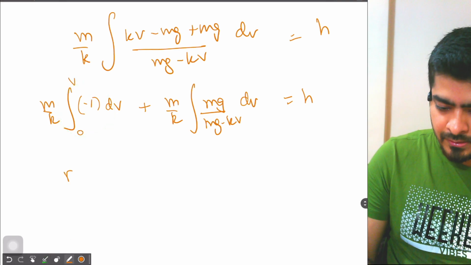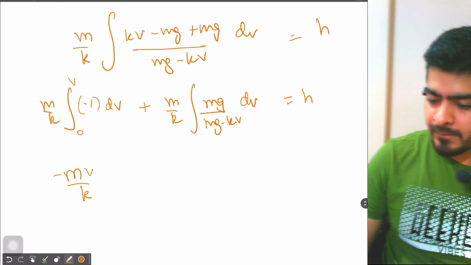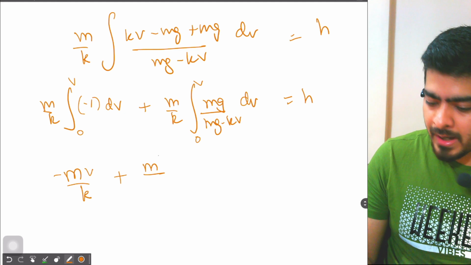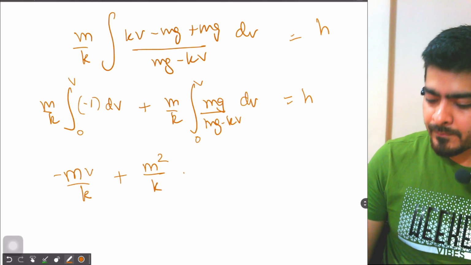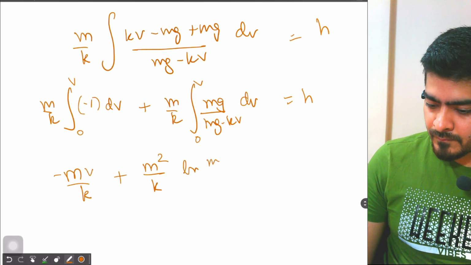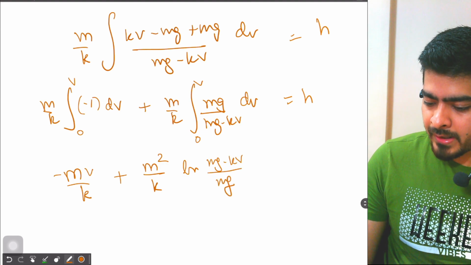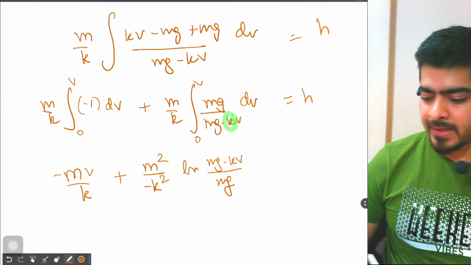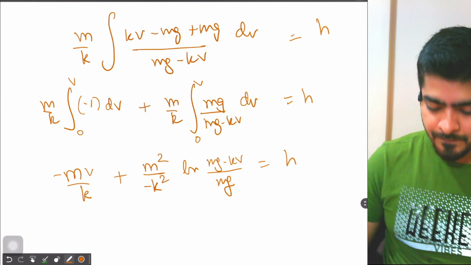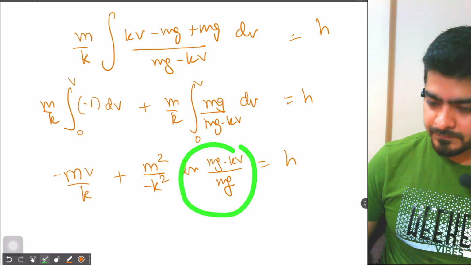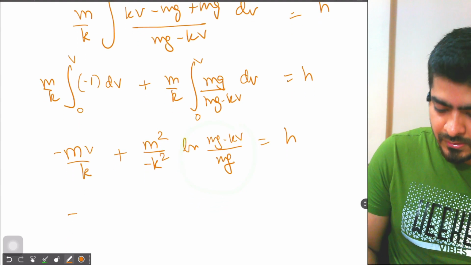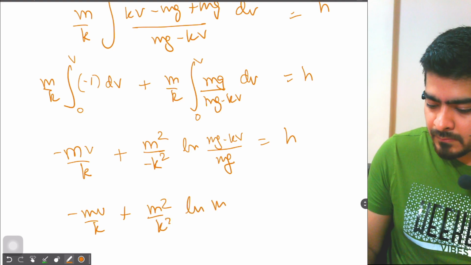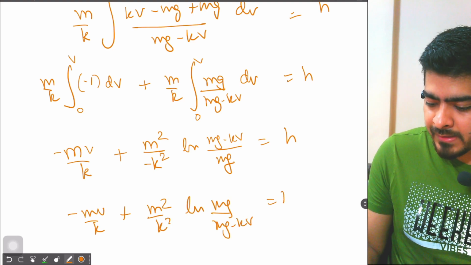So you will get minus mv by k, plus m square by k ln (mg minus kv) divided by mg, and we divide by the coefficient minus k, so here we will get minus k square, that is equal to h. Now what is this logarithm? We'll first simplify this: minus mv by k plus m square by k square ln mg by (mg minus kv) is equal to h.